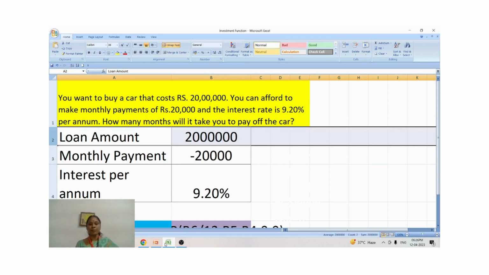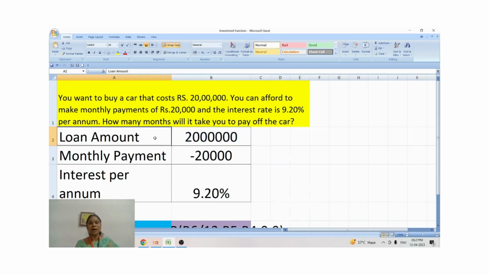We want to find out how many months it may take to pay off the car. The important inputs are the loan amount, 20 lakhs, and a payment of 20,000 every month.